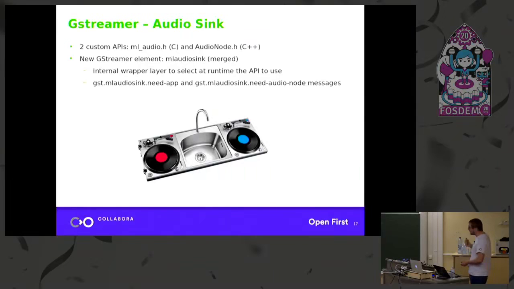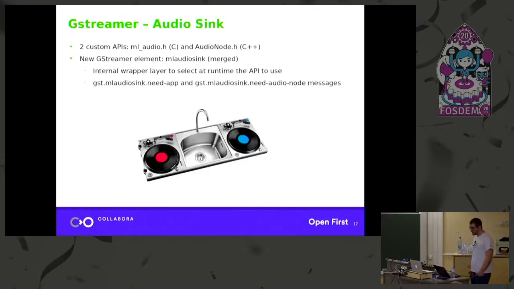If you want to use the 3D spatial audio, you have to tell GStreamer exactly. You have to pass that audio node object, C++ object, down to GStreamer, so GStreamer can use that object instead of using the plain C API.